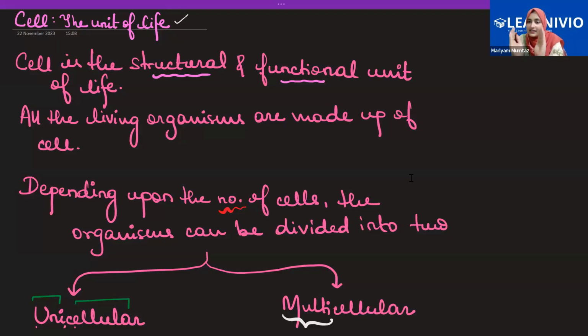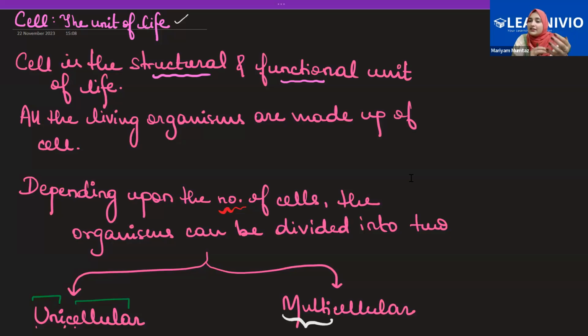Apart from that, a cell is capable of performing all the functions on its own. It doesn't require any other machinery to be associated with it. This is the reason why you call the cell the functional unit of life.